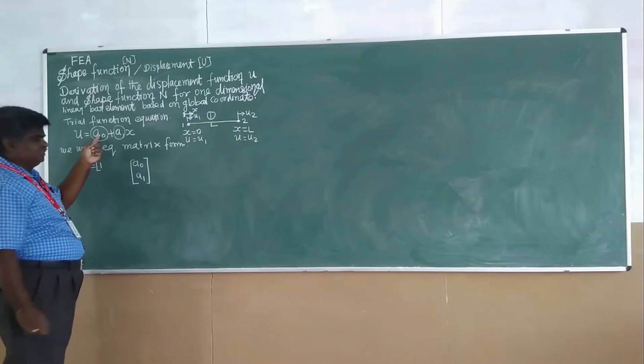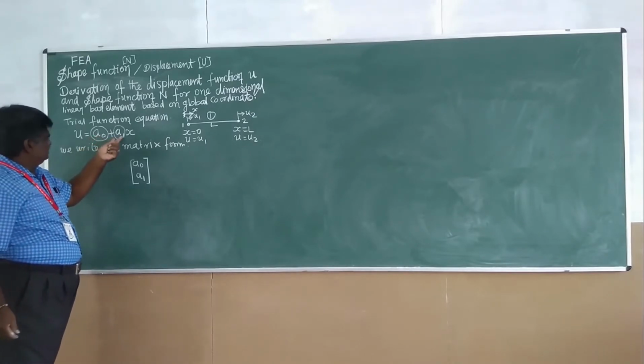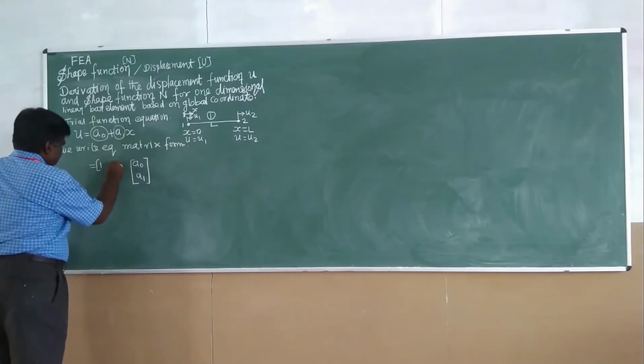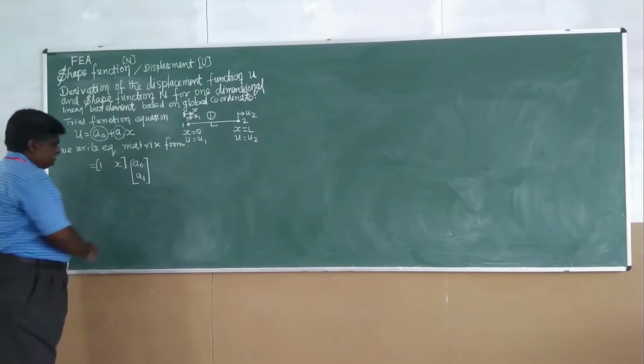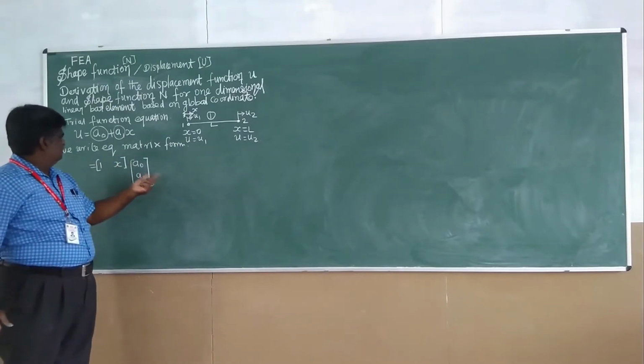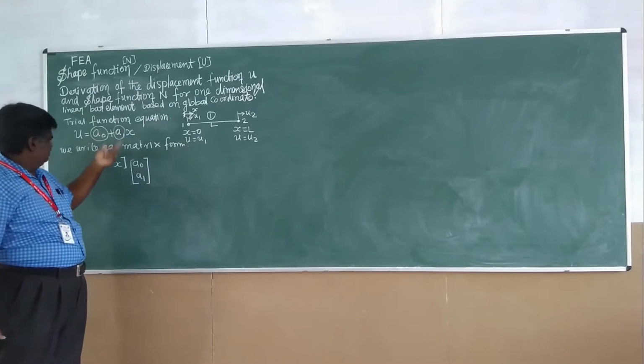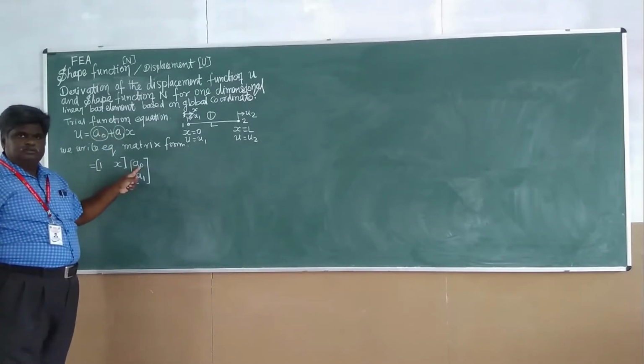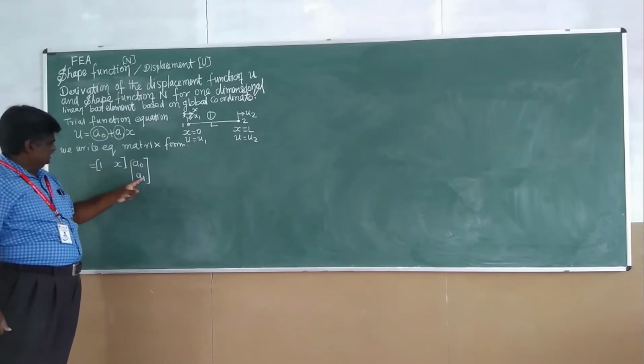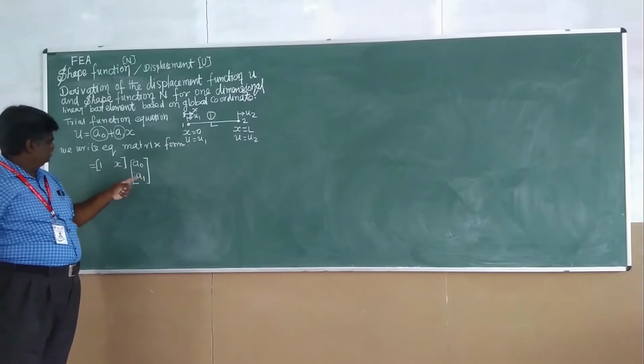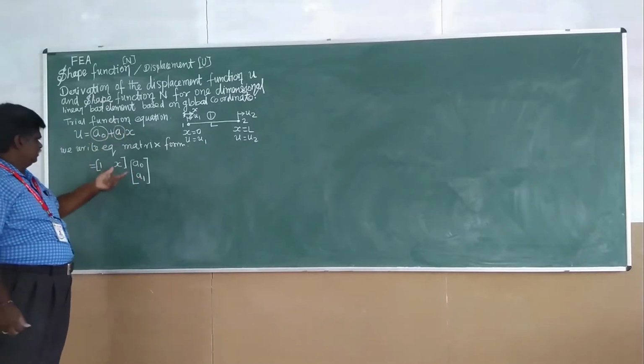If you are taking a0 outside, a1 outside, then 1 will be here and x will be here. This is the matrix formation of your trial function equation: 1 into a0 plus x into a1. So we get the same equation in matrix form.